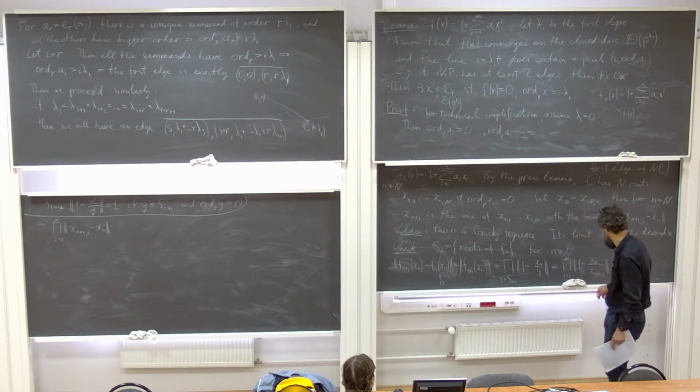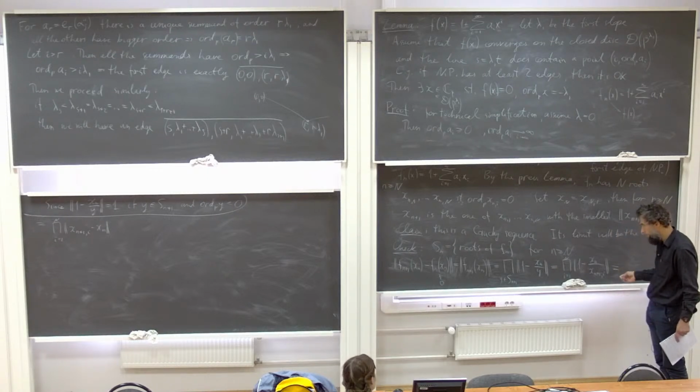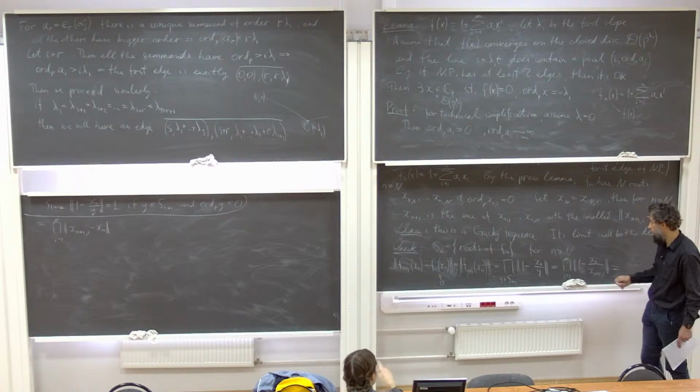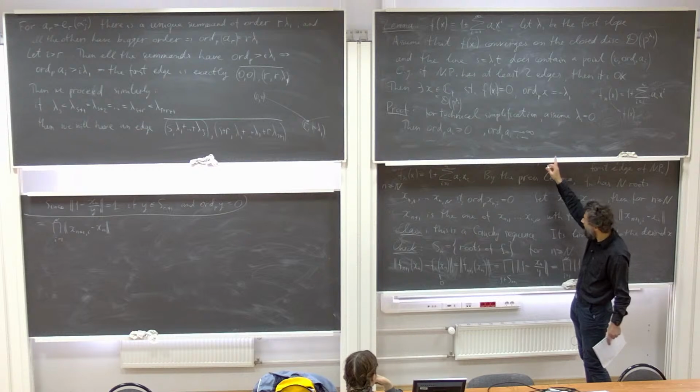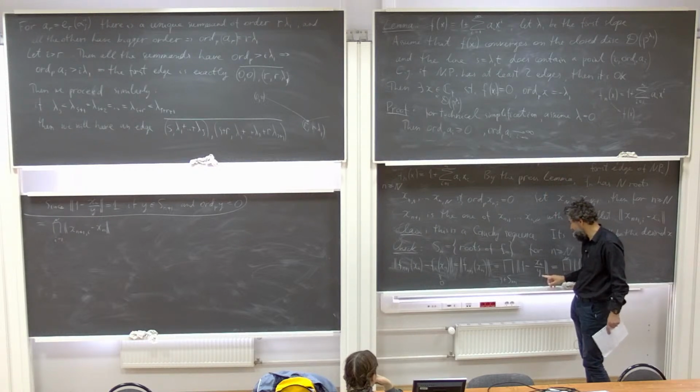Why does the inverse have positive order? It's a root. By our assumption, the inverse roots have positive order.